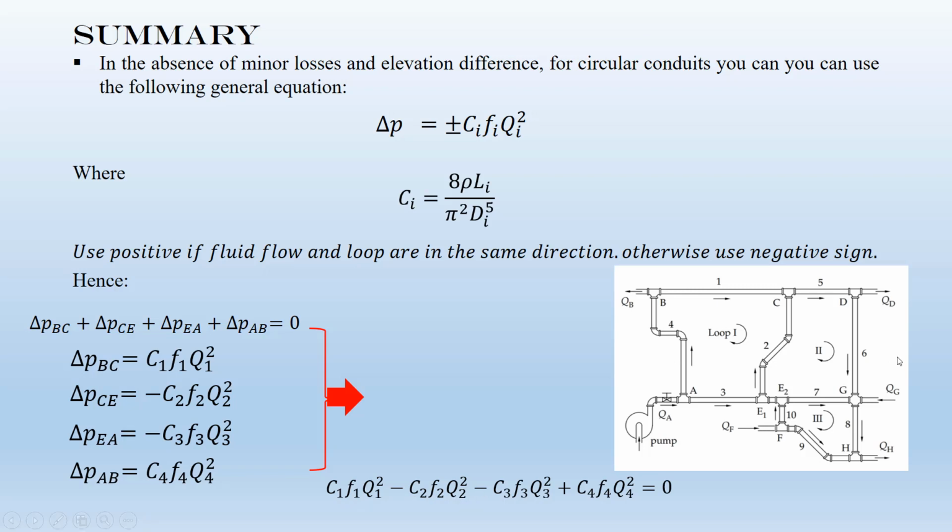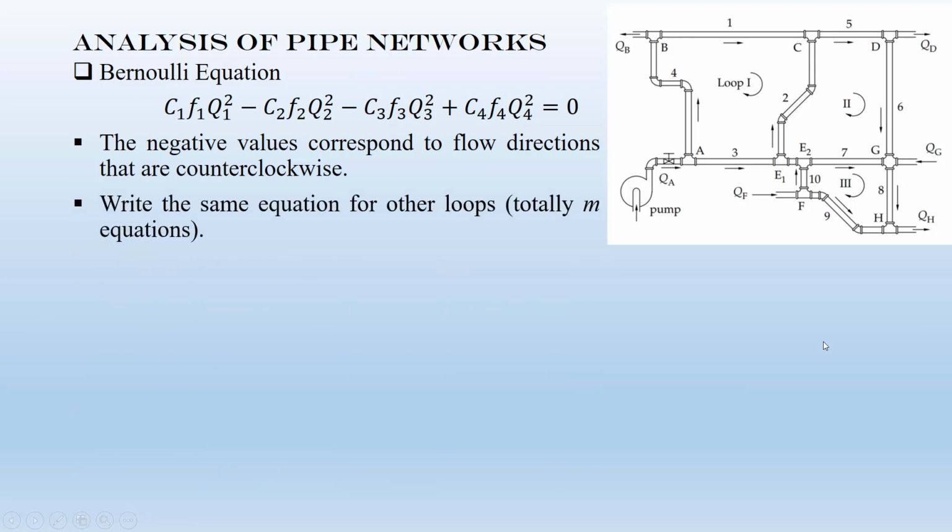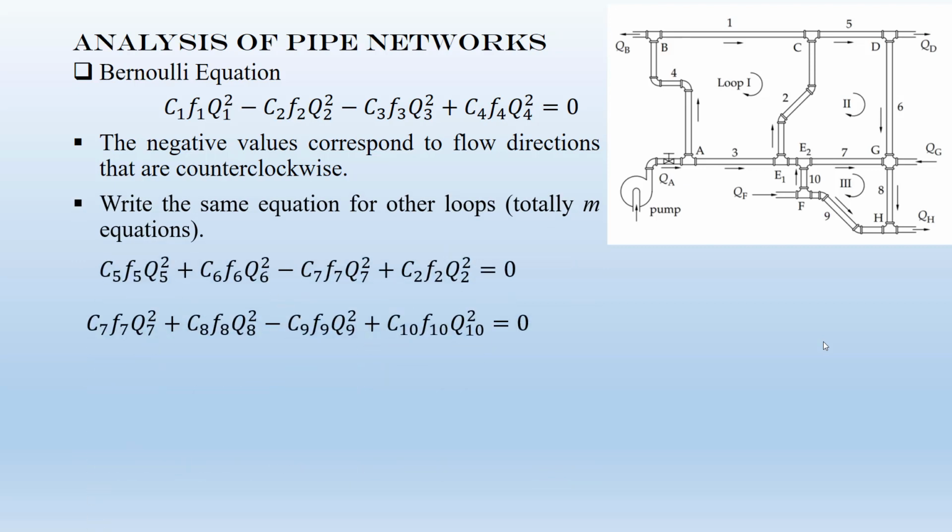Now, what you need to do is write the equation based on the Bernoulli equation and delta P for loop 2 and loop 3 as well. Here you can see the equation for loop 2 and loop 3 based on that general equation.